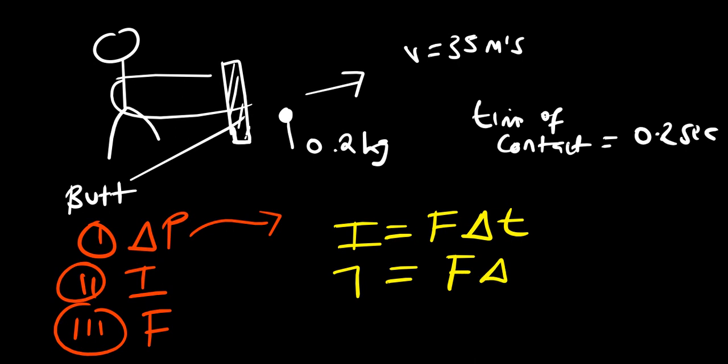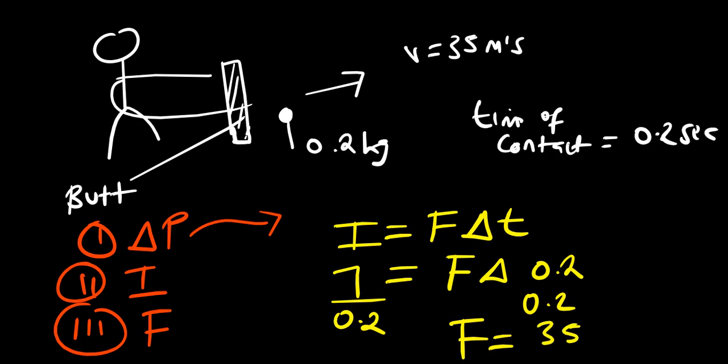The change in time is 0.2 seconds, so to find the force we divide by 0.2. The force is 7 divided by 0.2, that gives me 35 Newton. So this will be our average force.